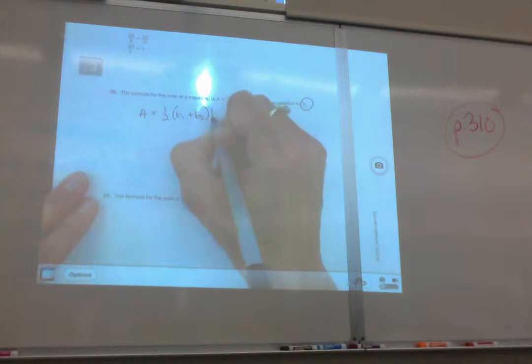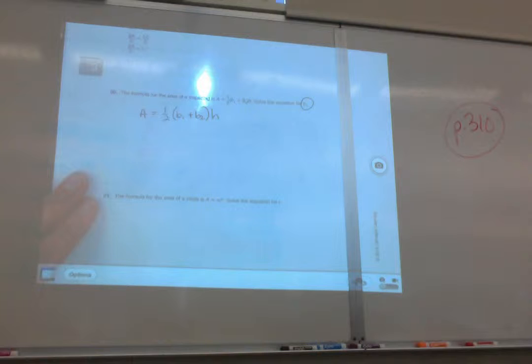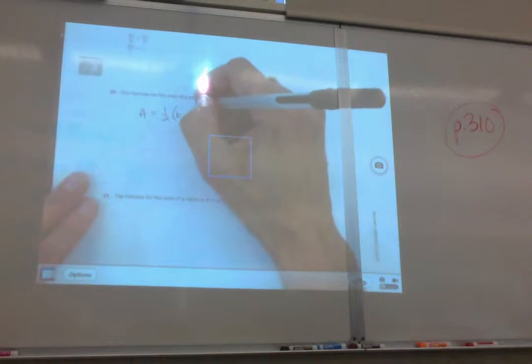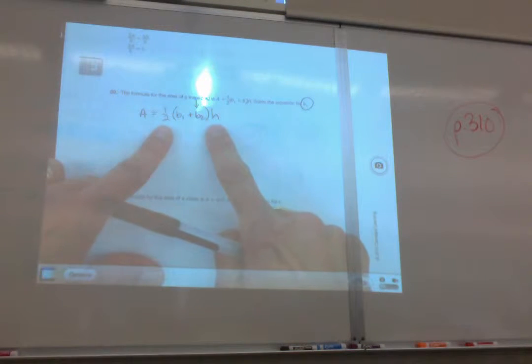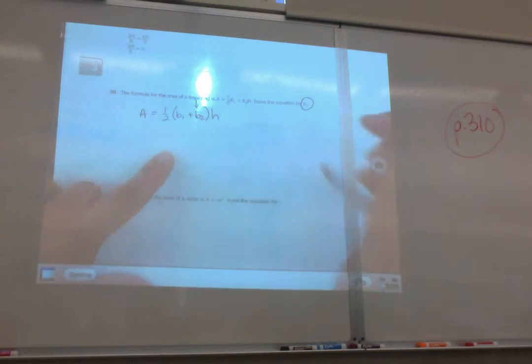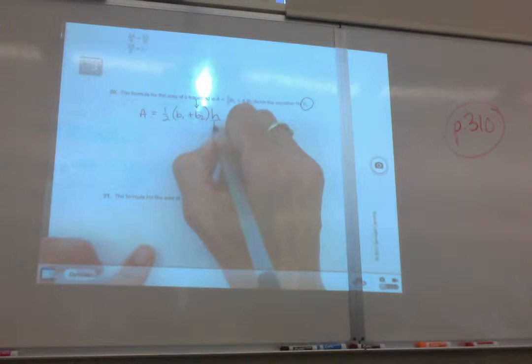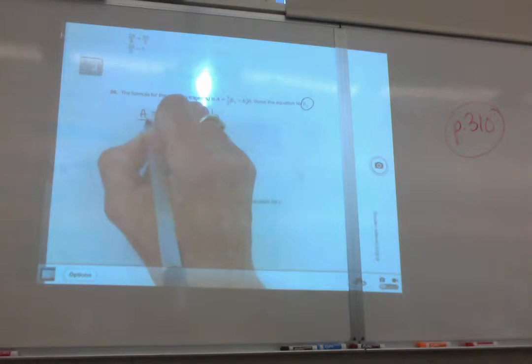You want to get certain things on one side of the equation all by itself. In this case, we're trying to get to B1, but it's trapped inside of a parentheses, and it has things on both sides. The first thing, and probably the easiest, is I'm going to divide by h on both sides.